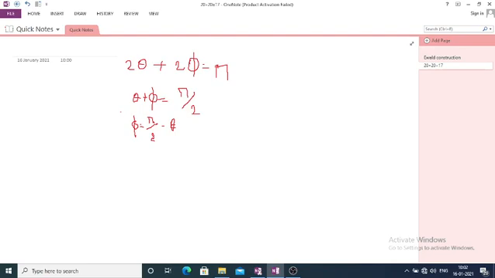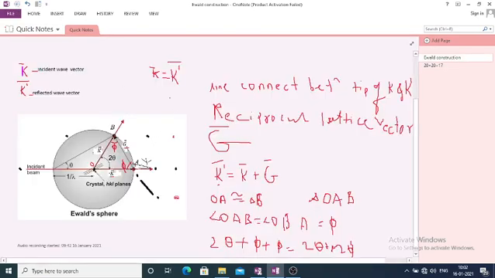Now the angle between the positive direction of K dash and G, see here, this is the positive direction of K dash, this is G and your K. So this angle is psi.